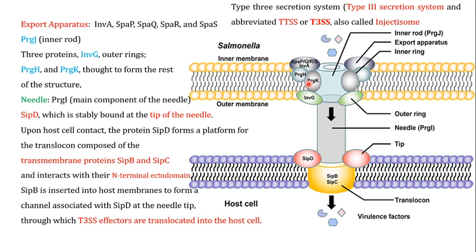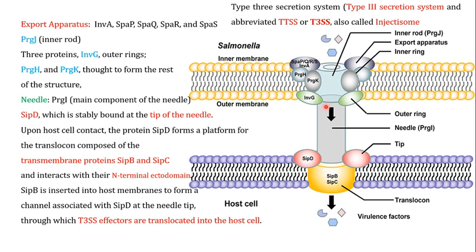So the names are only written on one side, but the names are true for the other side as well. This one will be the export apparatus, which will be made up of these two proteins you can see over here. So this is the PrgH, this is the PrgK, this is the InvG. So the outer ring, the inner ring and the export apparatus are helping in the formation of this inner rod-like structure.